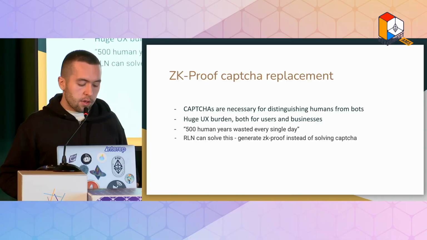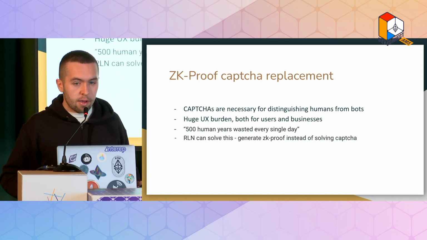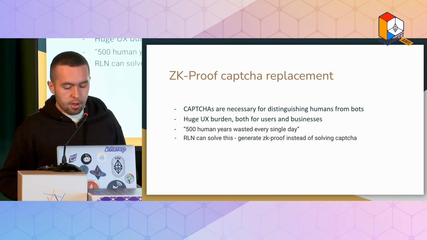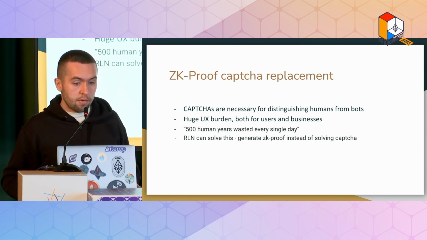Another interesting use case is a CAPTCHA replacement. CAPTCHAs are a huge UX burden, both for users and businesses, and a lot of time is spent on solving them. But CAPTCHAs exist because they prevent bots from using content, so they help distinguish humans from bots.